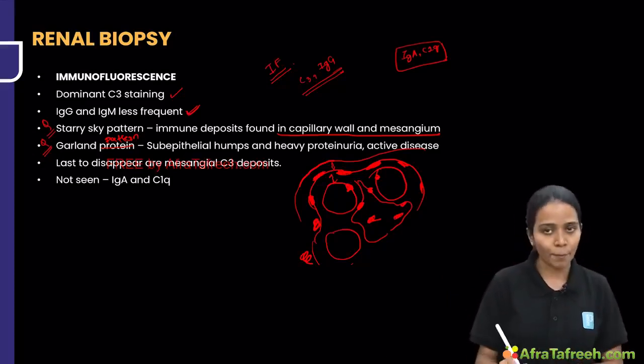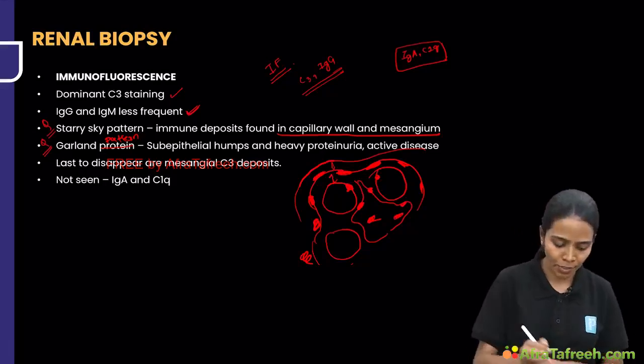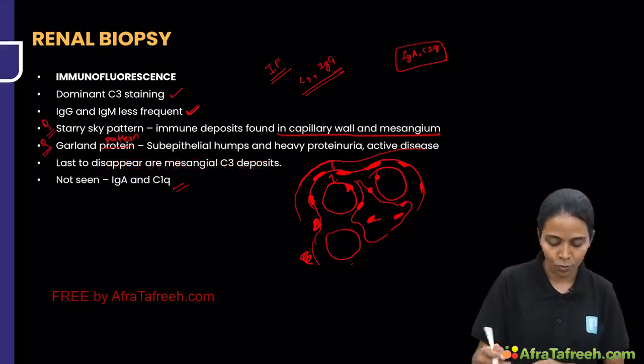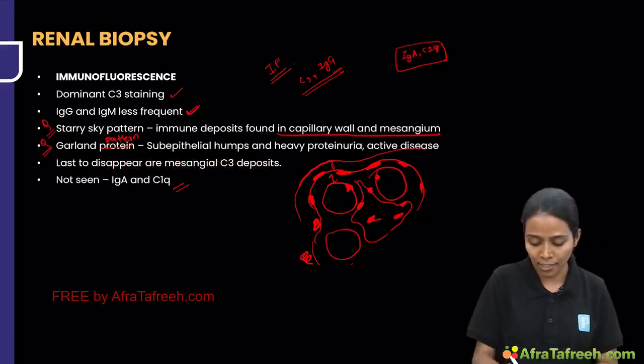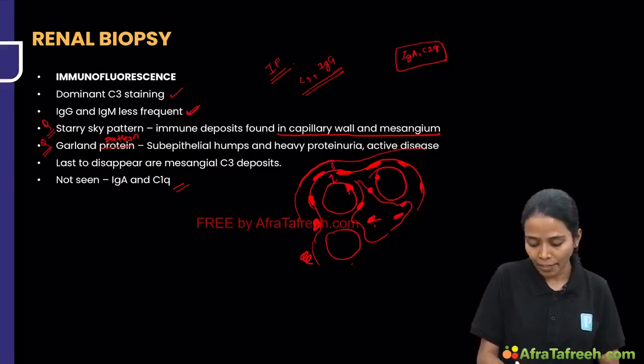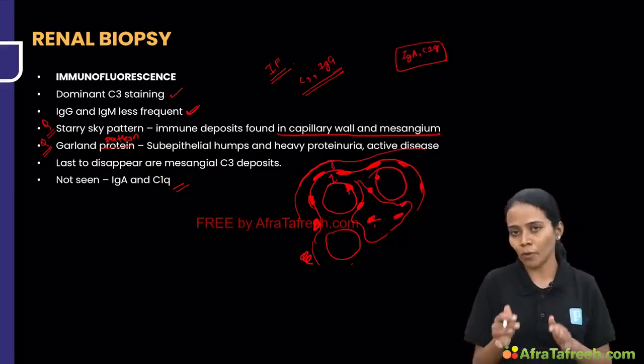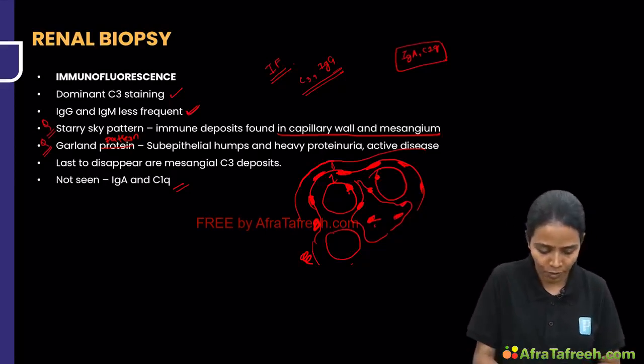So last to disappear are mesangial C3 deposits, and not seen are Ig and C1q. So the starry sky pattern is nothing but what is seen in the glomerular capillary wall and in the mesangium. But Garland pattern is nothing but the subepithelial depositions of antigen and antibody.